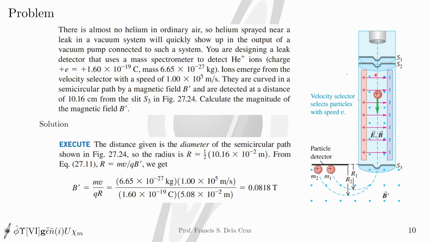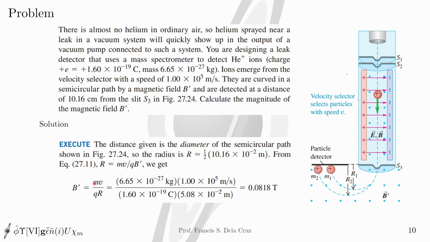That's why you have this velocity selector here. The only thing that will deflect the motion of the charge once it is outside the velocity selector is the B prime magnetic field, which is the magnetic field that we want to solve.